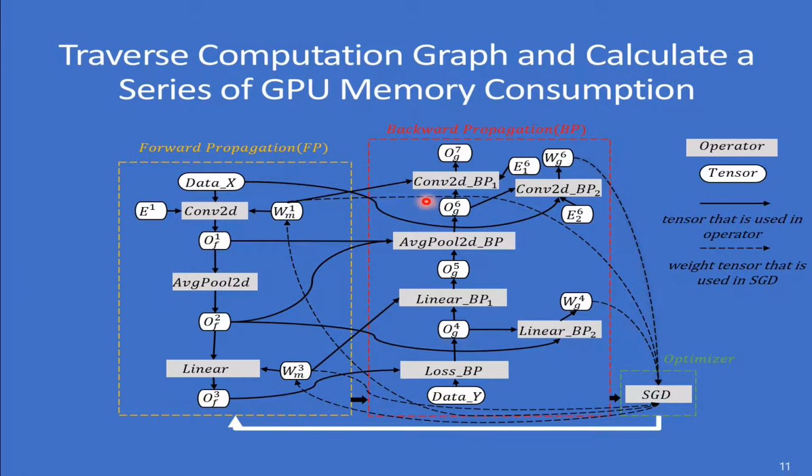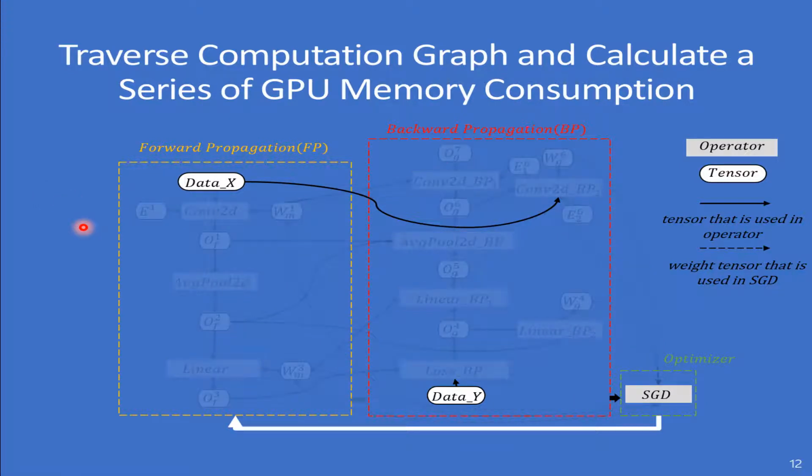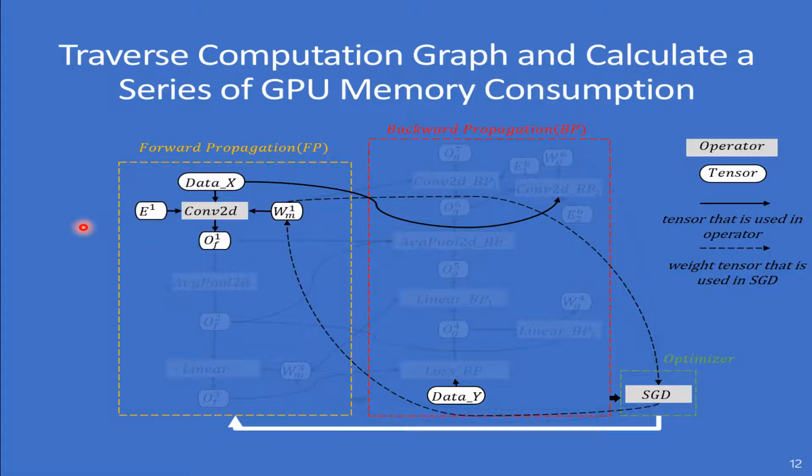When we have the memory cost function of each operator, we can analyze the tensor liveness and traverse the computation graph, and then analyze the current model's peak memory consumption. Let's see this example. With the execution of each operator, the framework will allocate memory for the tensors needed for the operator. So we highlight this Conv2D.